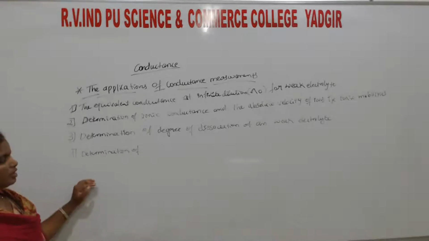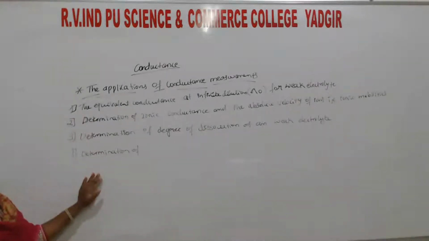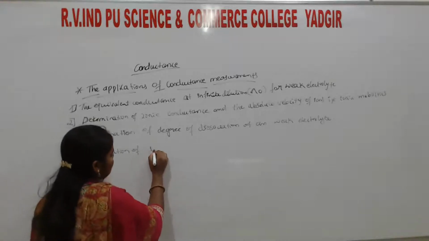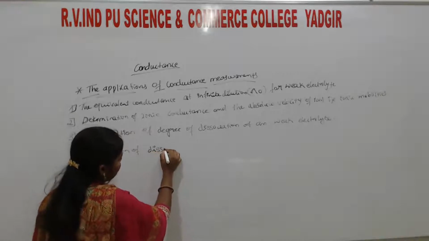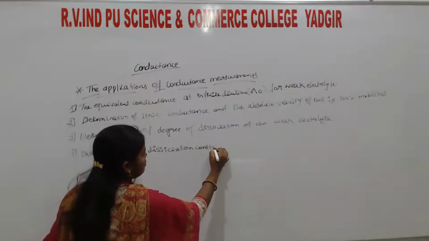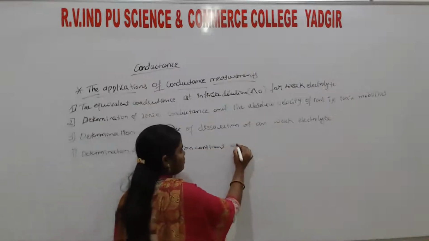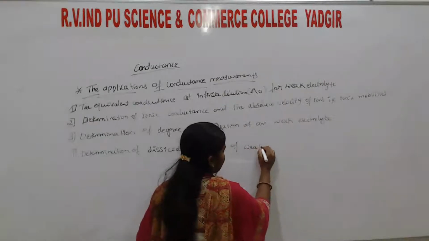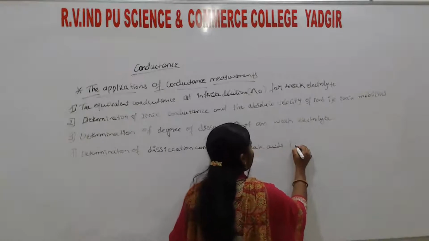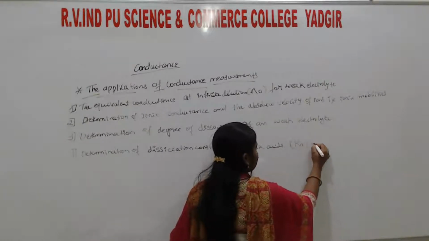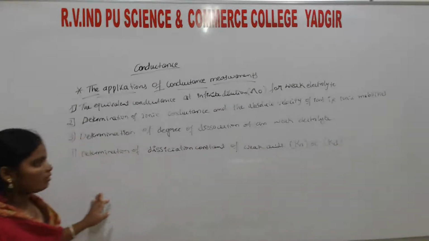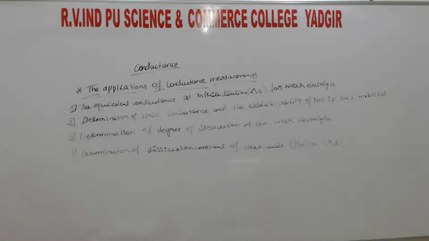That is the determination of dissociation constant of weak acids, denoted here as Ka or Kb.